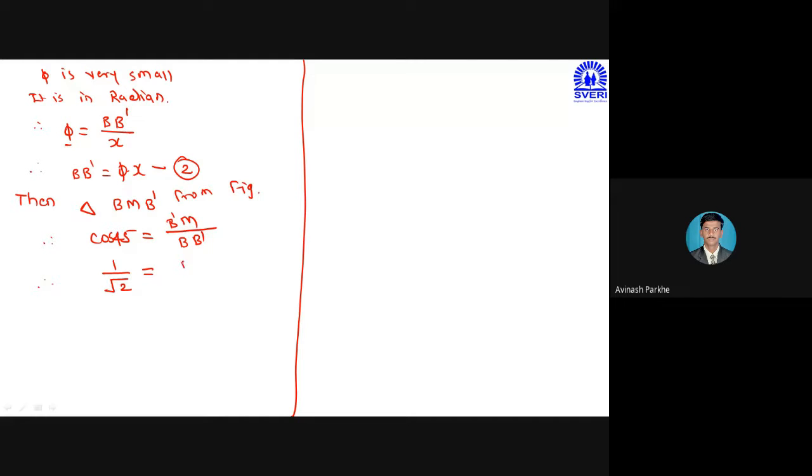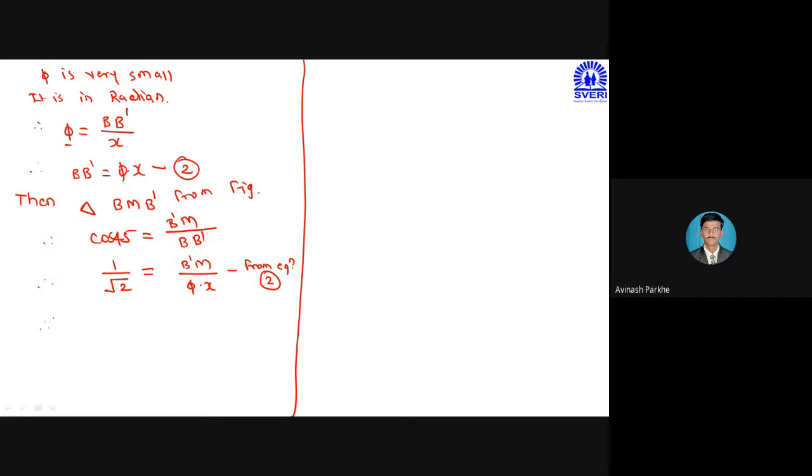We have to calculate B dash M and B dash. Already we have calculated B dash as equation number 2. Therefore, phi into x I will write from equation 2. So whatever the B dash value is, we have kept it from equation number 2.